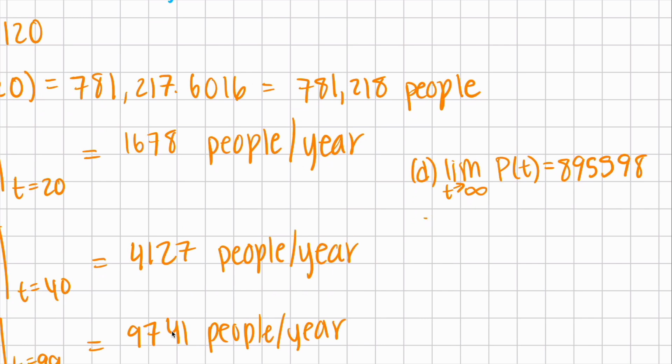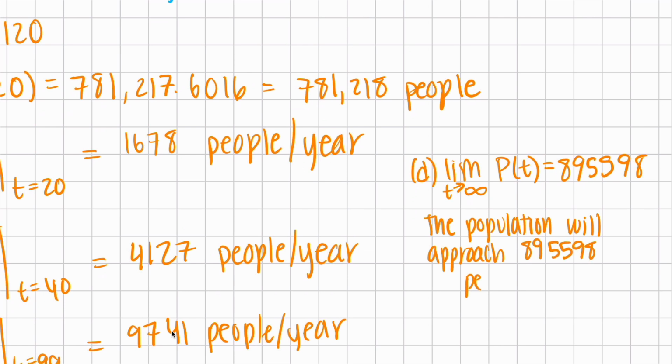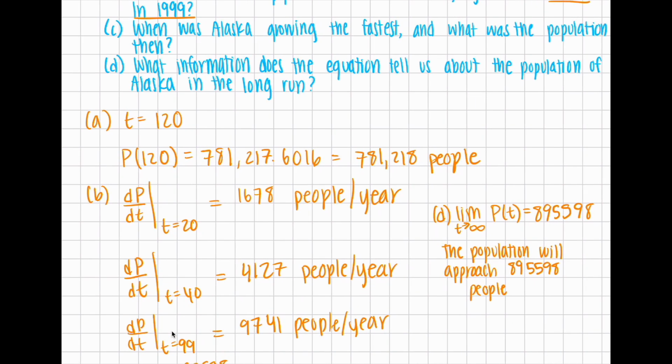So we can say the population will approach 895598 people. And that is our second example.